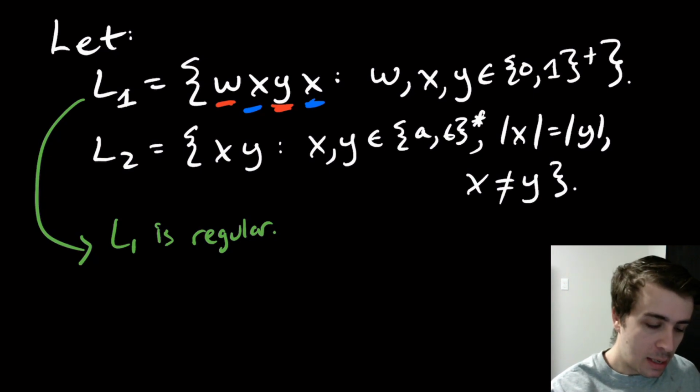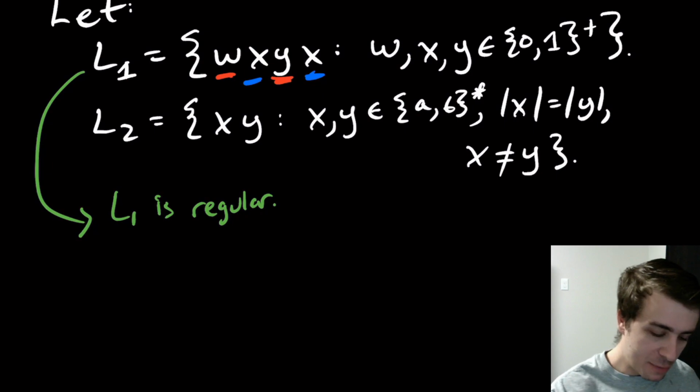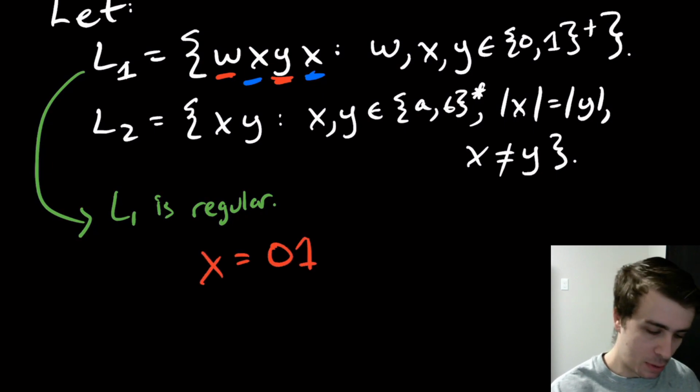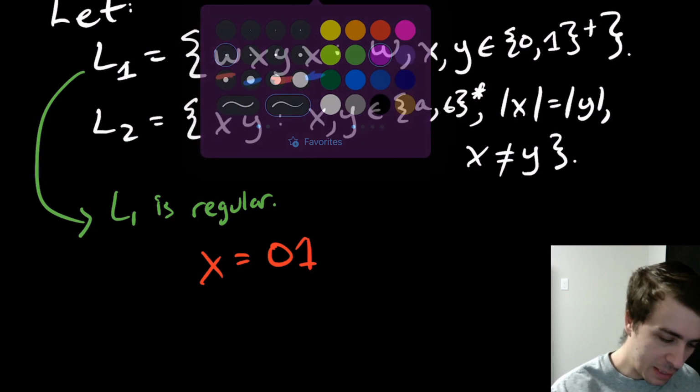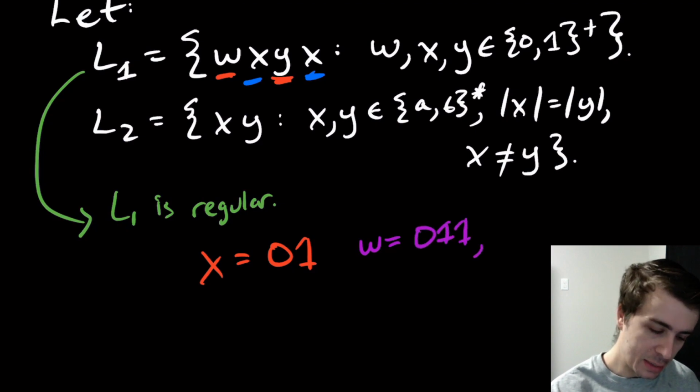So what we could do, for example, is say, let's just say X is 0, 1, just as an example. And then let's let W and Y be something. So W, let's say, is 0, 1, 1. And let's say that Y is 1, 0, 0.